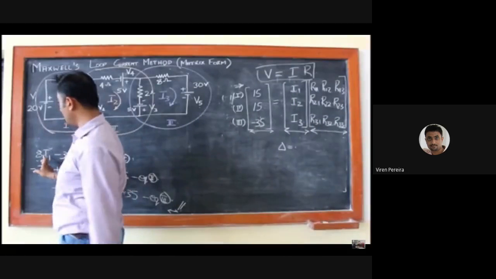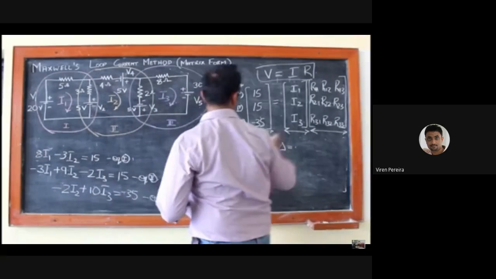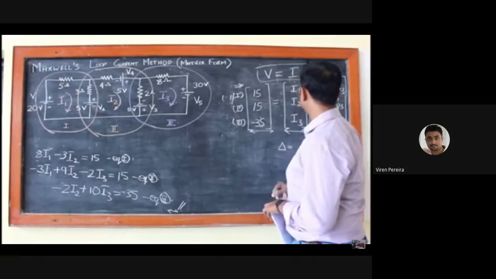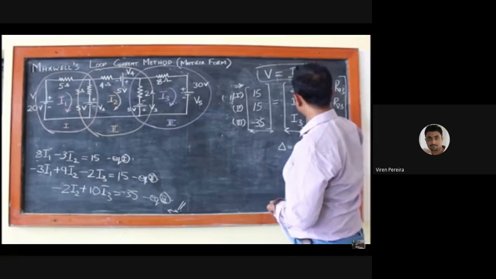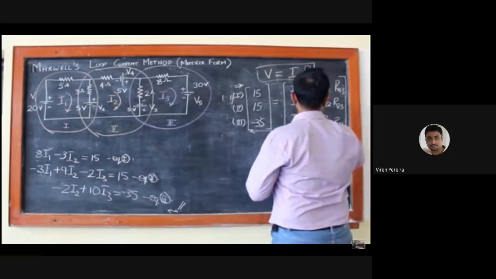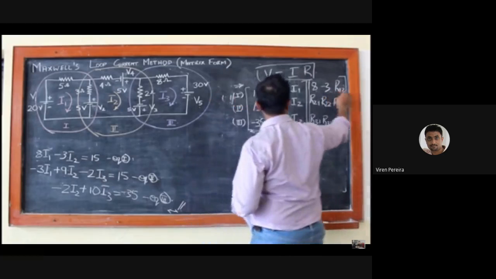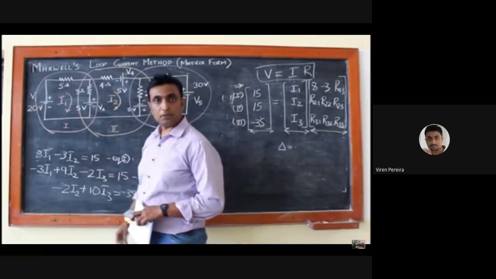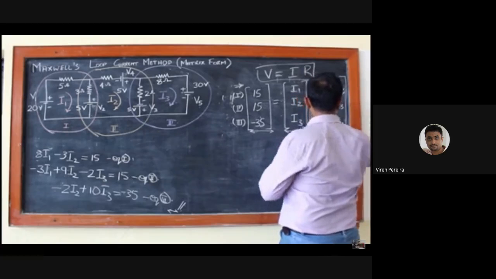Your first value, I1, is representing A. So it will represent the total resistance of I1, so R11 will be A. In the same way, R12 represents I2, which is minus 3, so I write the value of minus 3 here. And R13 will represent the resistance value of I3. But I3 is not present, so the resistance value of I3 will be 0.